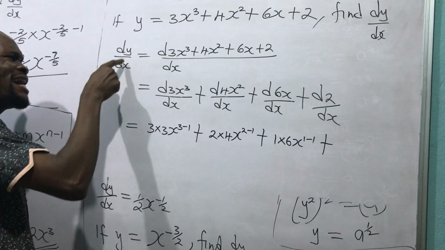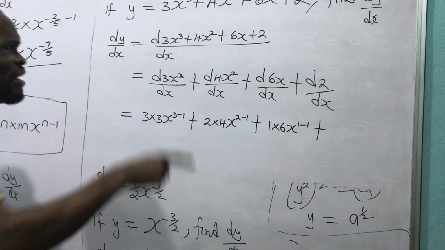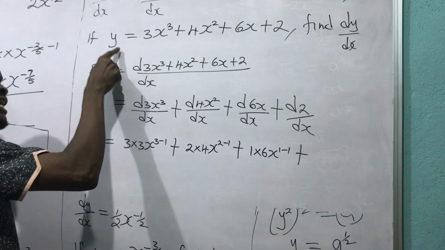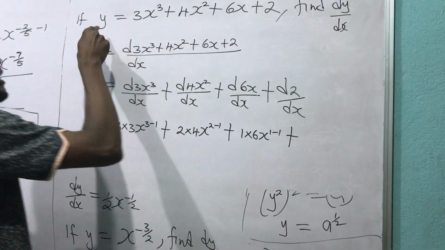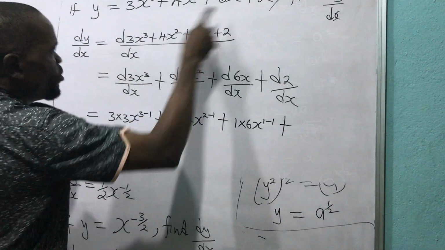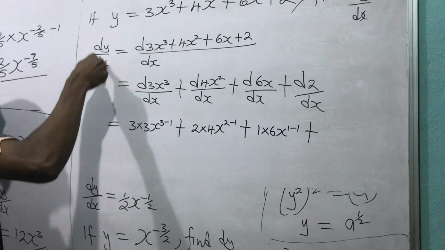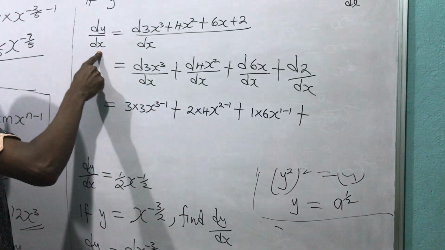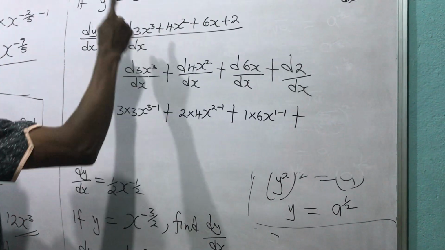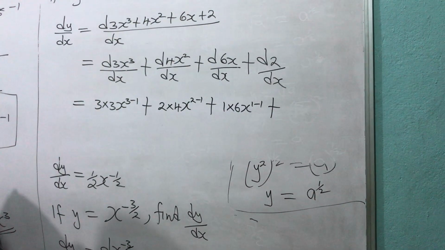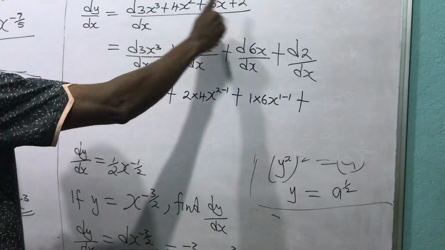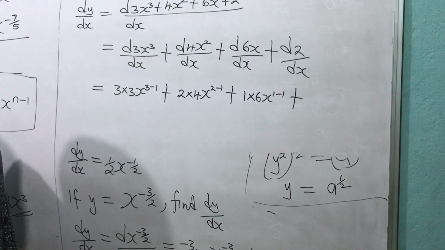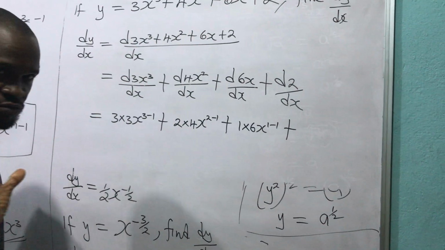What does dy/dx mean? It means differentiate the function y, with respect to x. It's only the terms that contain x in this function that will survive. Any term that does not contain x in this function is a constant, and when we differentiate it, it gives us 0.